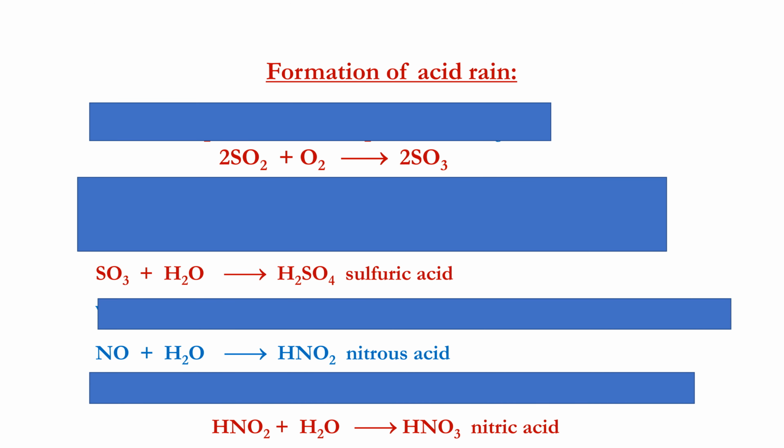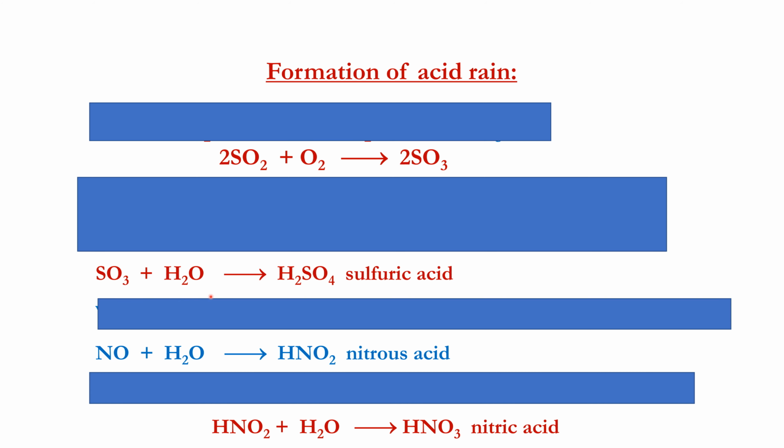Okay, we now look at formation of acid rain. When oxygen reacts with SO2, it forms SO3 according to this equation. SO2 plus O2 gives SO3. When SO3 reacts with atmospheric water, it forms sulfuric acid according to this equation.